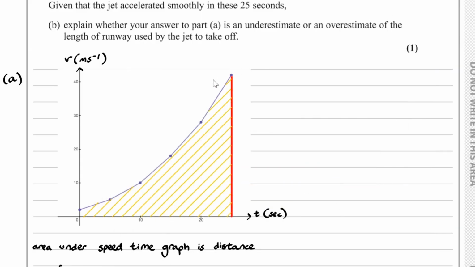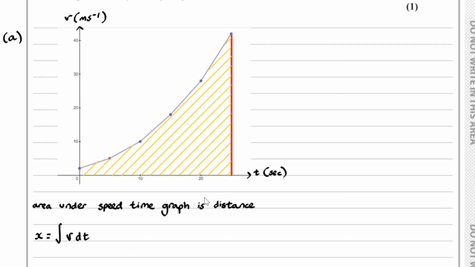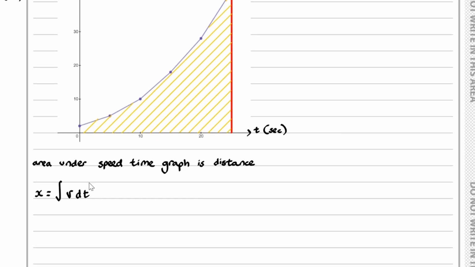So over here we have x, which is approximately h over 2 lots of y0 plus 2 lots of y1 plus y2 plus y3 plus y4, plus y5.